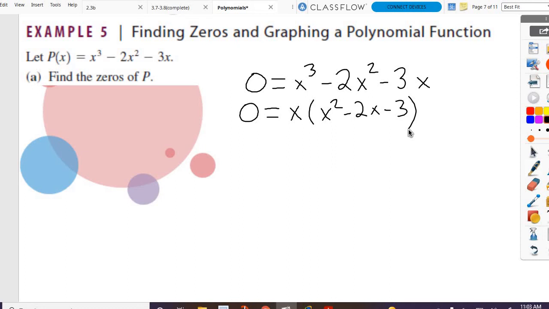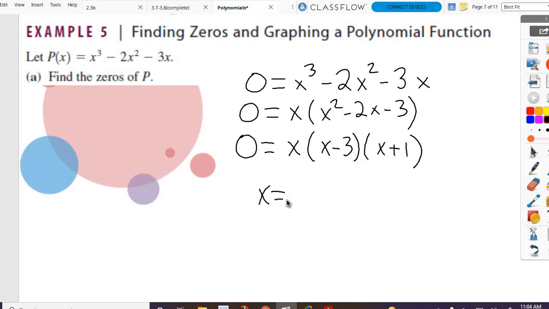The AC method. So our A is 1. So we're just looking for what multiplies together to give us -3 that adds together to give us -2. So what do we get? -3 and a positive 1.